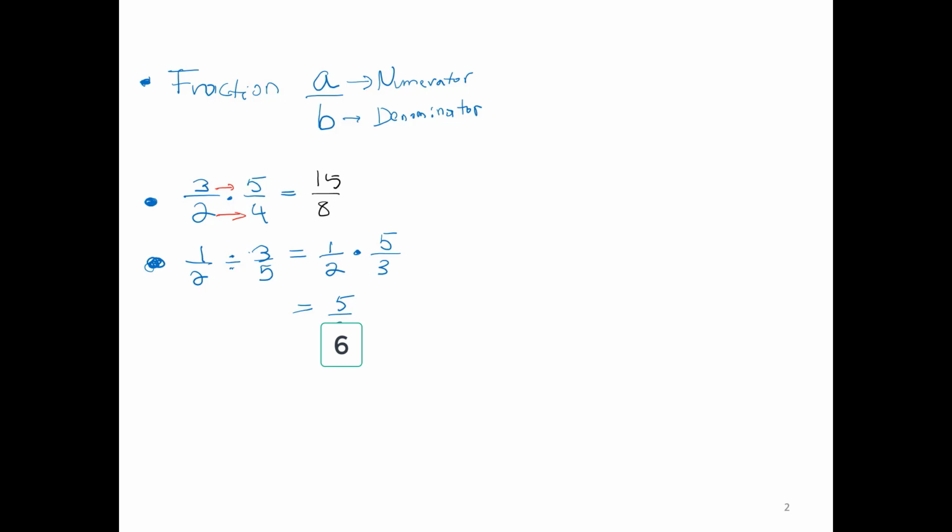Also, we discussed mixed fractions. Mixed fractions are fractions that have an integer part and a fraction part.